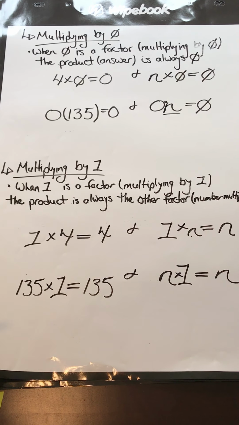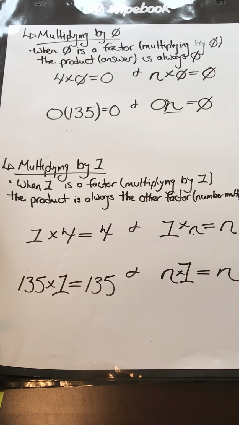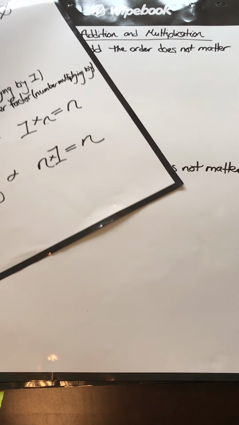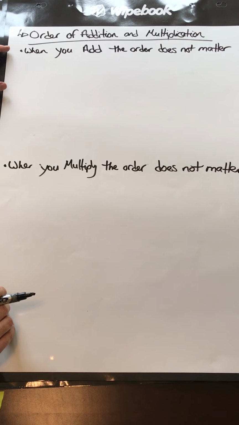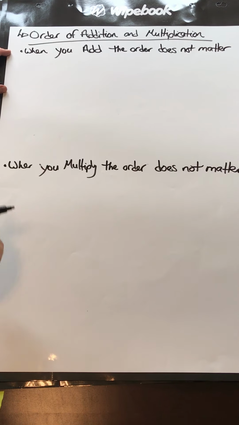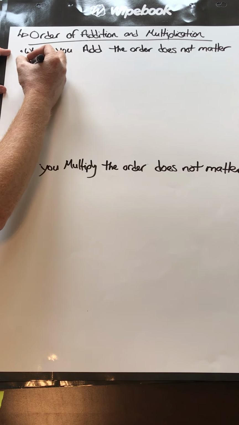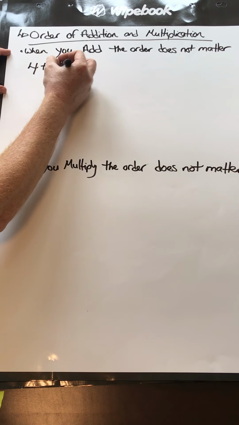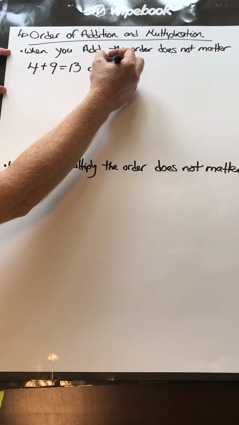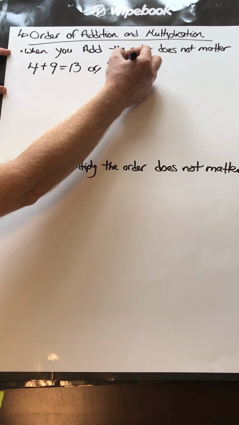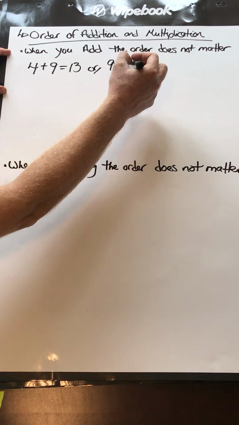The last one that we're going to talk about for a second is the order of addition and multiplication. So when you add, the order does not matter. So we can have 4 plus 9 is equal to 13, or we could have 9 plus 4 is equal to 13.